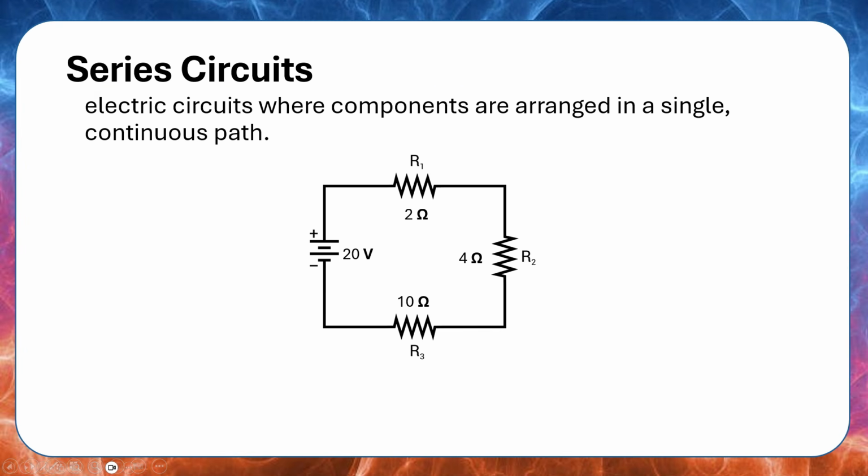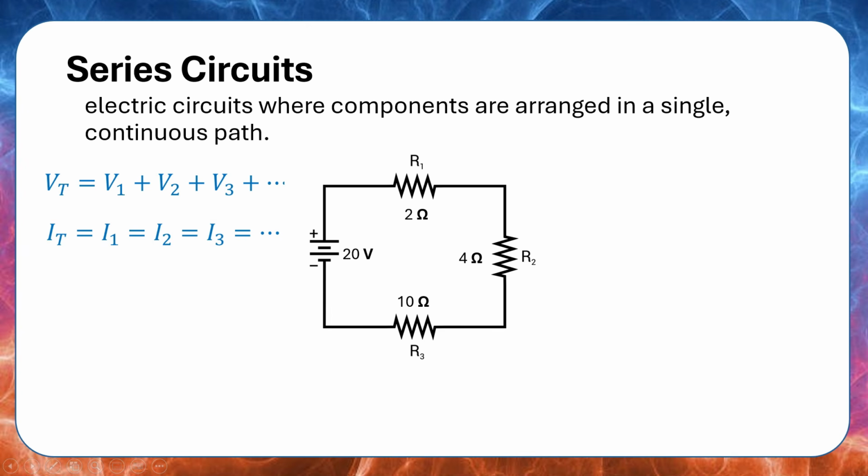Now, the conditions that you need to know if you have a series circuit: all the voltages are added together to get the total voltage, or the amount of voltage from the source, or the EMF. Next, the total current, or electric current, are equal to each other.